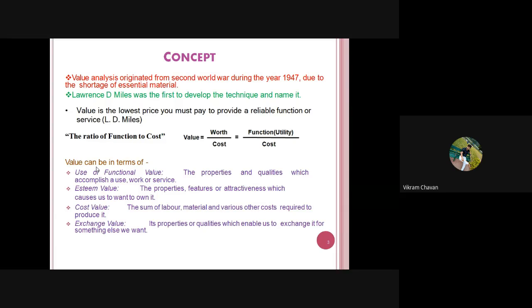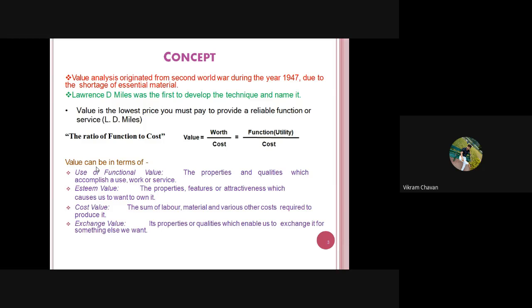We have already discussed in the last lecture that this value concept depends on place and time. The valuation of any product is not constant, and it changes according to time and place.